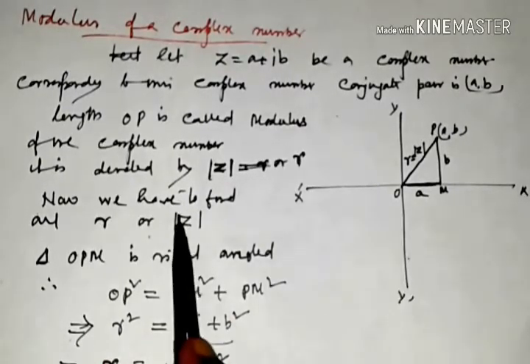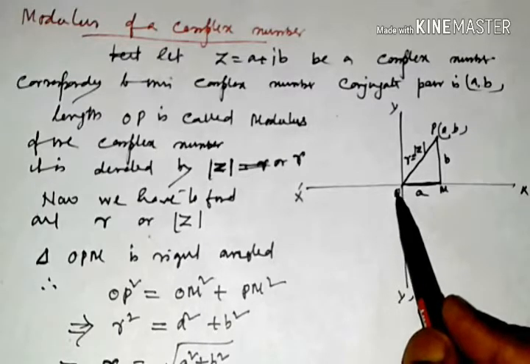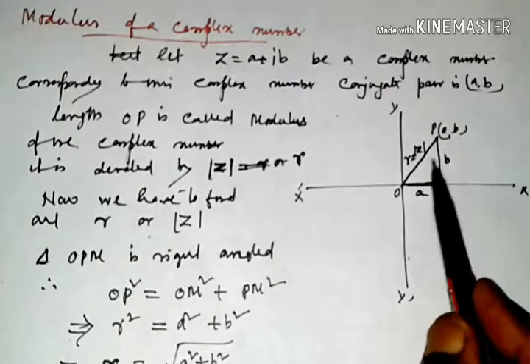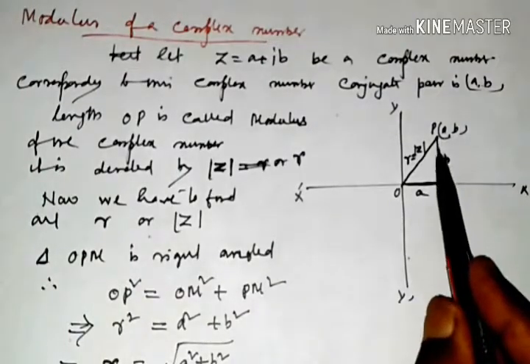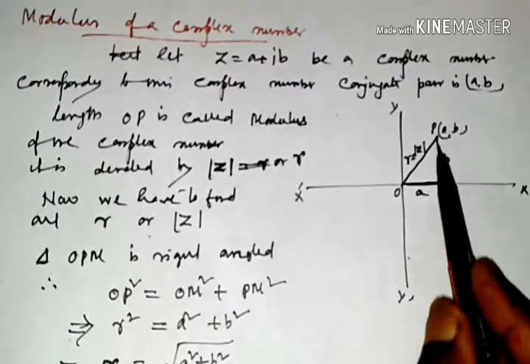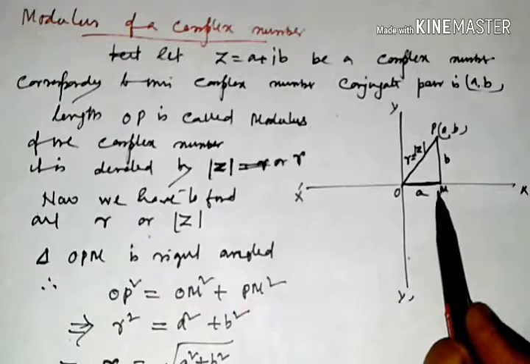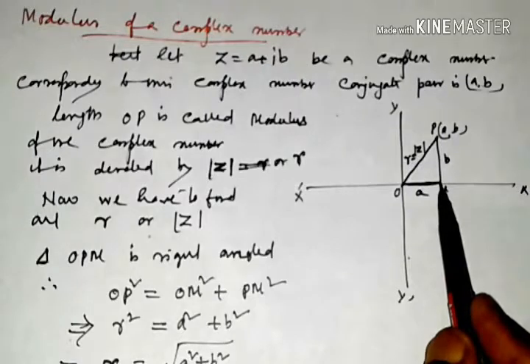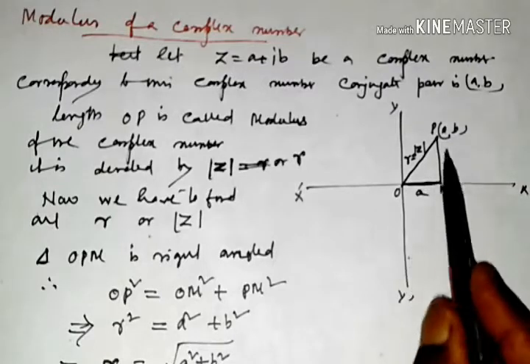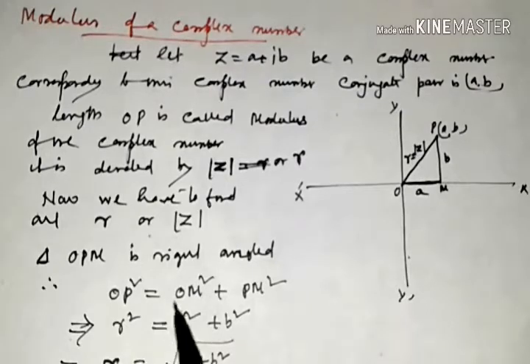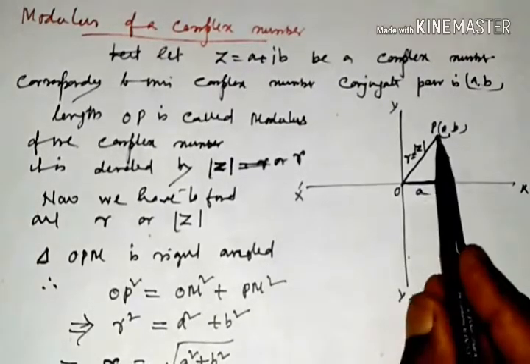Now we have to find out what r is. What is the value of the modulus of z? We see that triangle OMP is a right angle triangle. Here the length OM is a and PM is b. Since this is a right angle triangle, by the Pythagoras theorem we can find the value of OP.